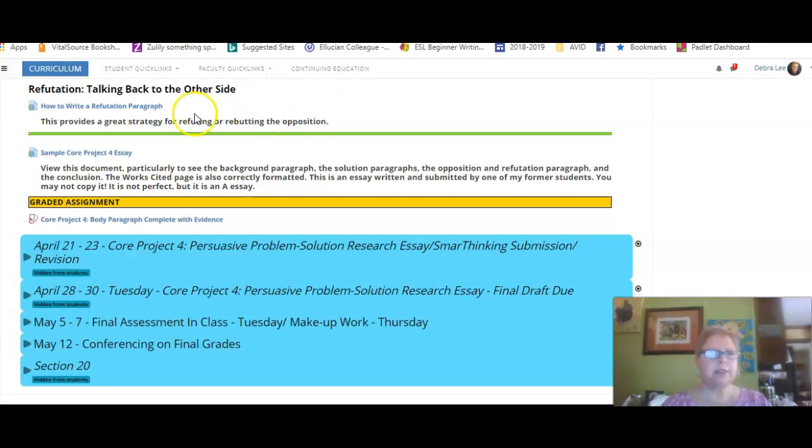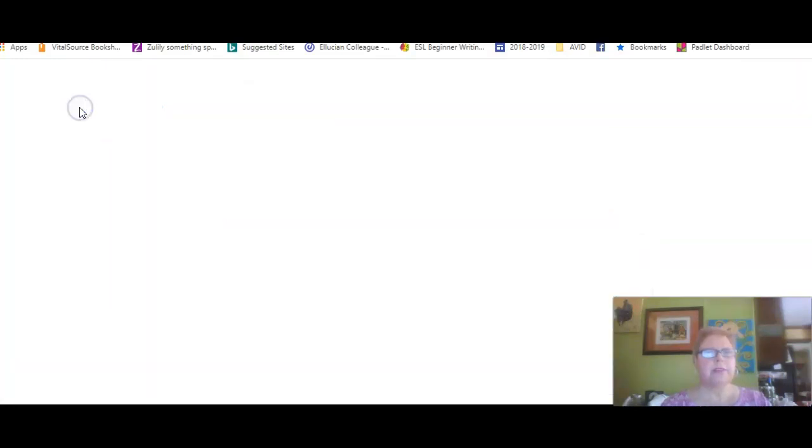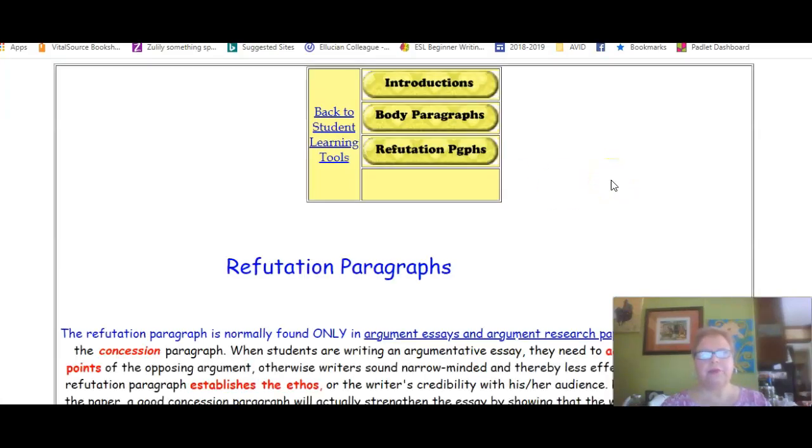The other thing is right here on this week's tab on the Moodle page, how to write a refutation paragraph. This is a great website that I have used over and over.